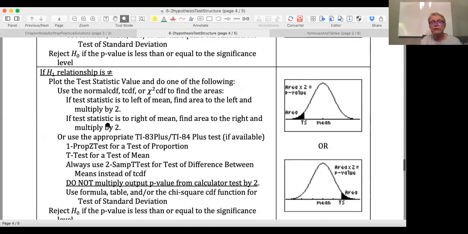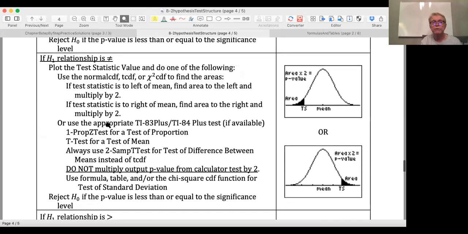Now let's look at the situation when H1 is not equal. It's a two-tailed test, okay? Which means that when we talk about the probability of finding test statistic values more extreme, meaning farther away from the mean than the given computed test statistic, farther away from the mean could also mean on the other side as well.